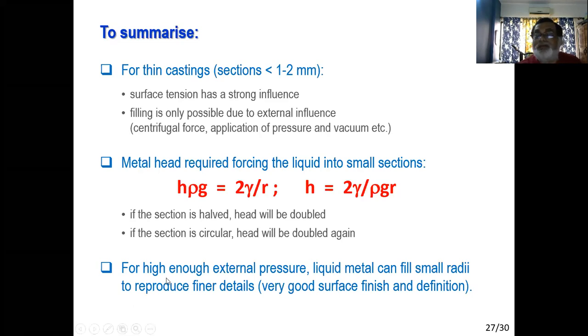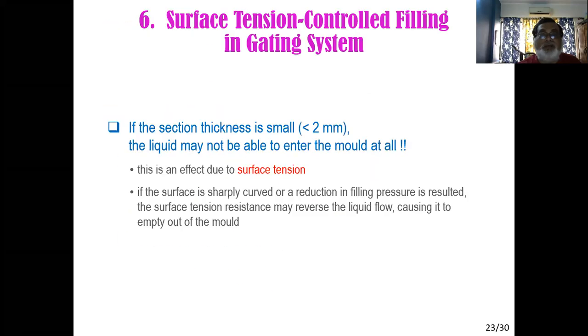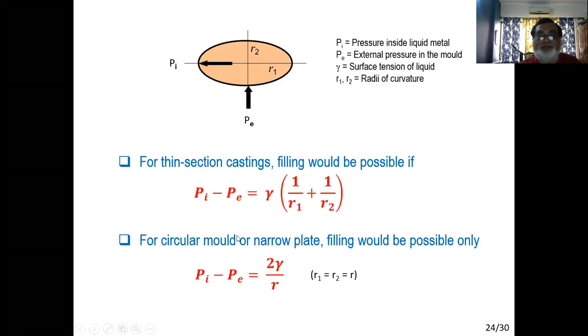Sir, how, the section being circular, will the head be doubled again? Okay, in that case, you have to use the general common formula, this one. So if it is not circular, then we have two radii. If it's circular, then we have a twice radius because the two are equal.